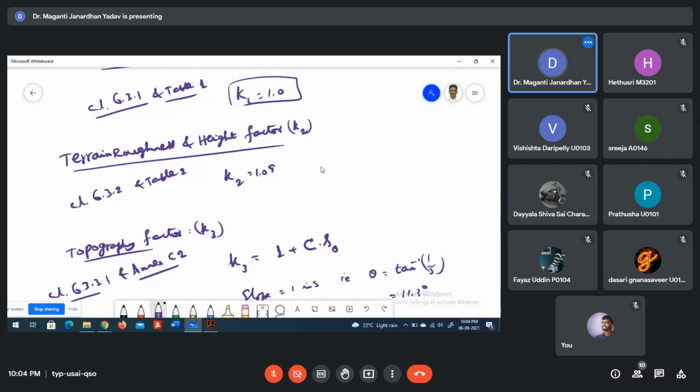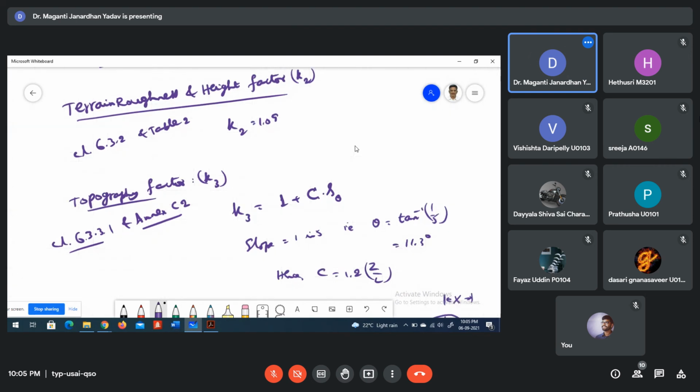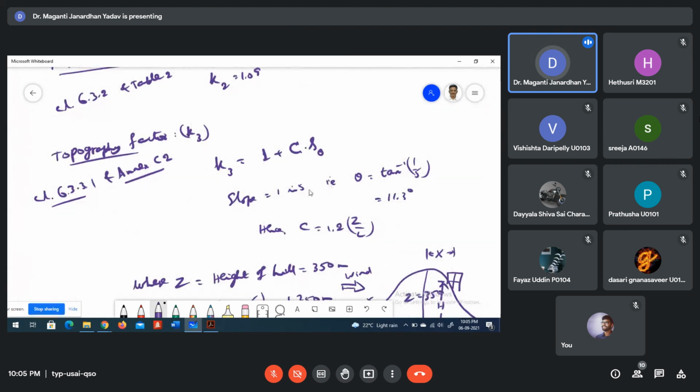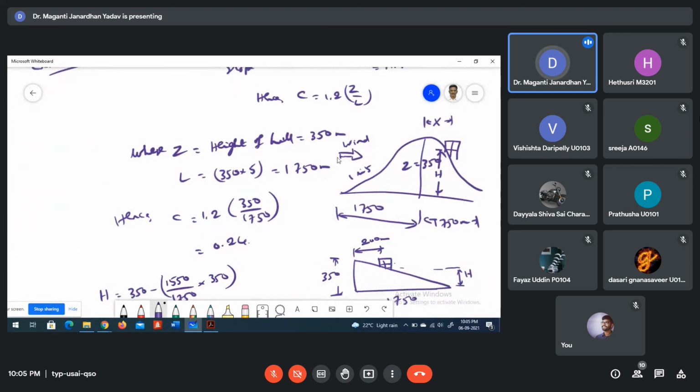Then terrain roughness coefficient and height factor both depend on the height. From Table 2, I showed you how to get the K2 value, and then the topographic factor is given by this formula which is there in the annexure. From the given slope of 1 in 5 we calculate theta, based on theta we have calculated the factor C, based on the height Z, H is the height of the building from the reference point.